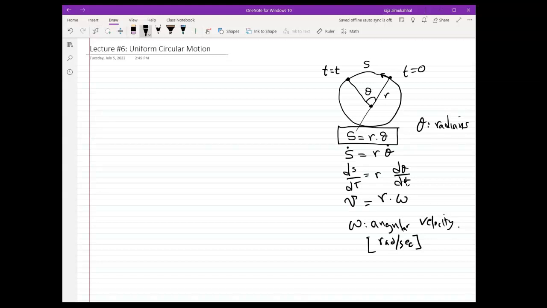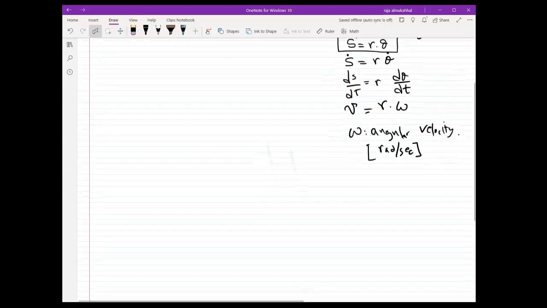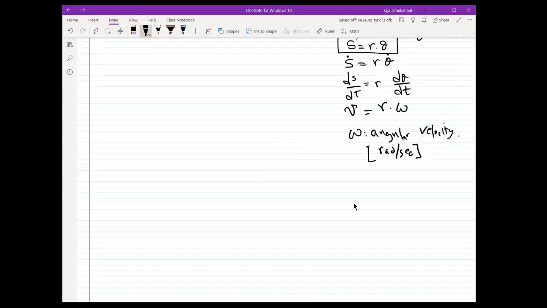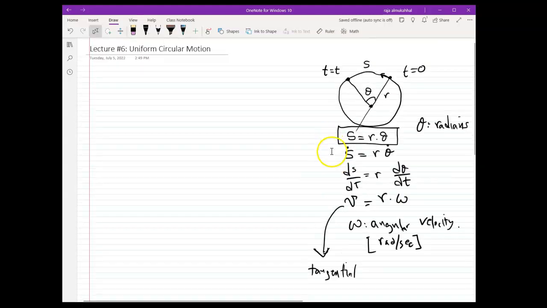And the velocity here, or the speed here, is the tangential velocity or translational velocity. The reason we call it tangential velocity is that as the object is moving here, it is moving in the direction of the tangent line, or the tangent vector, if you will.